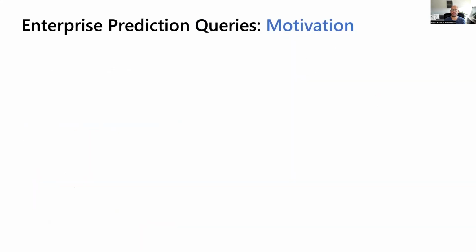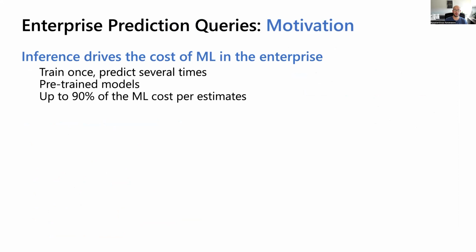Now, to motivate some of the specifics of our work, first of all, we focus on inference here. The reason is that inference drives the cost of machine learning in the enterprise. Yes, you are all aware of huge clusters with tens of thousands of GPUs that are used to train models, but the point is that these models are trained once, but then are used millions and millions of times to do predictions.